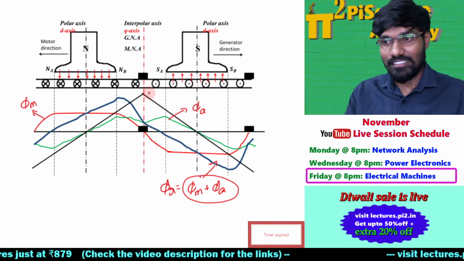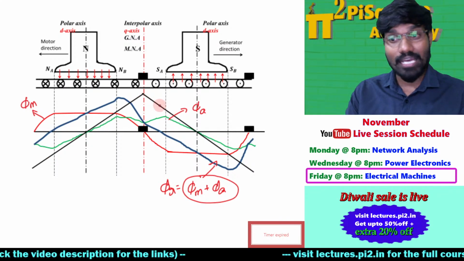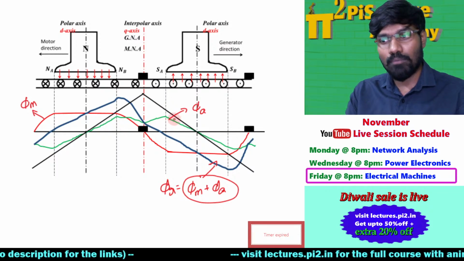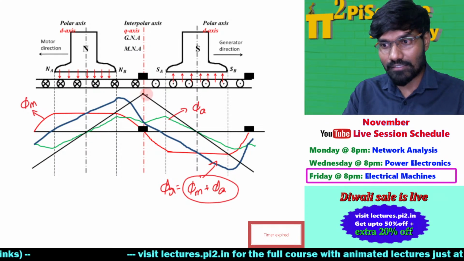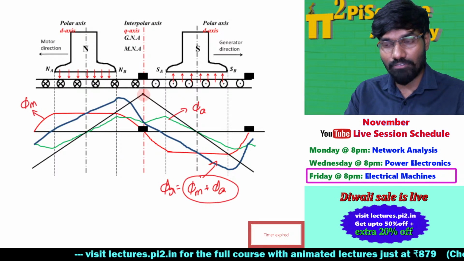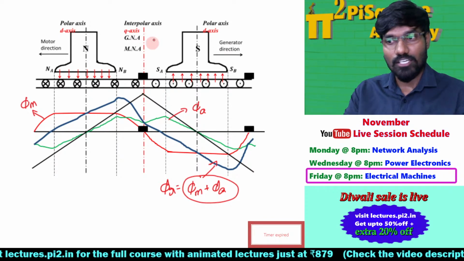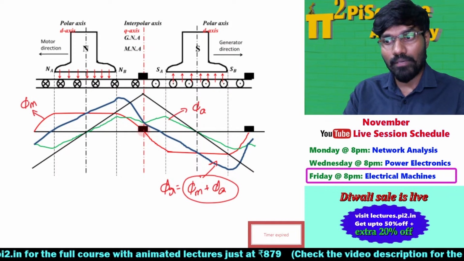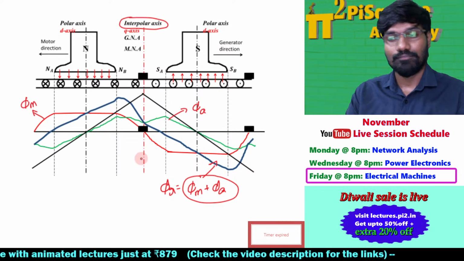Okay. See here. The black one is armature MMF. This green one is armature flux. The axis of the armature flux is this. This is a peak point, right? So this is the axis of armature MMF, so interpolar axis.